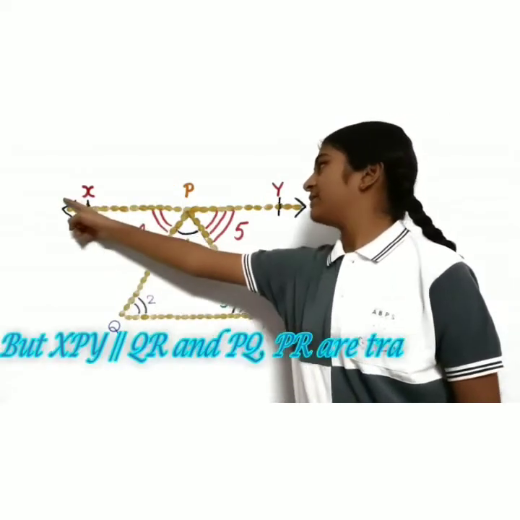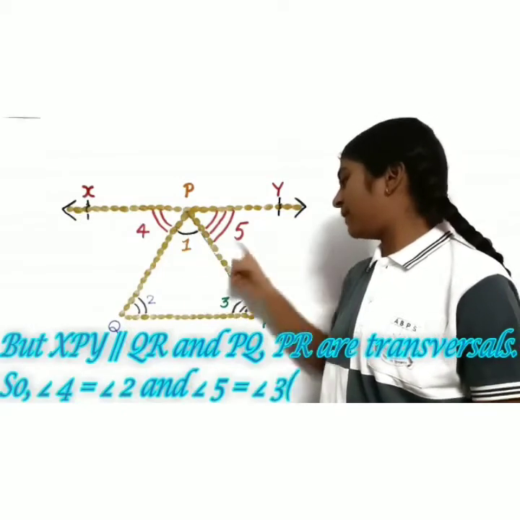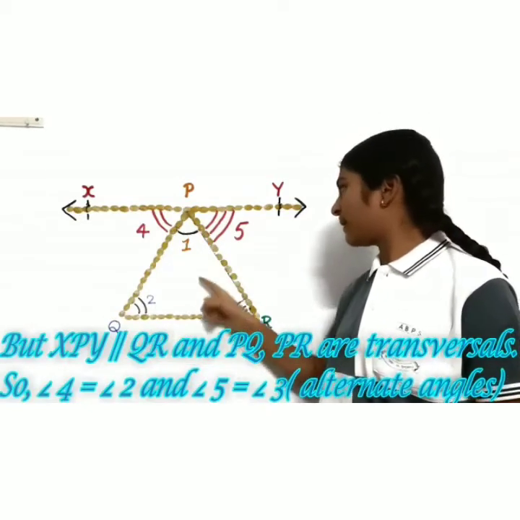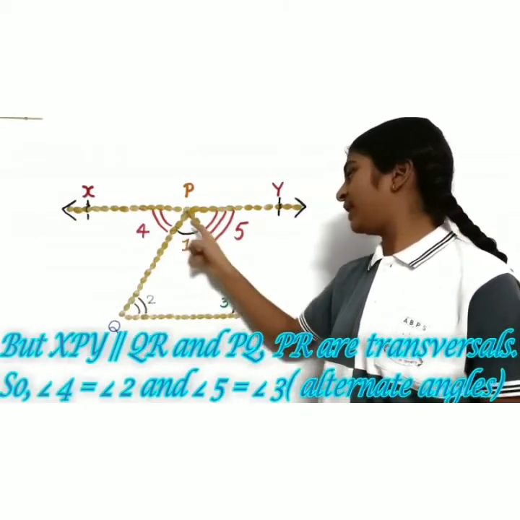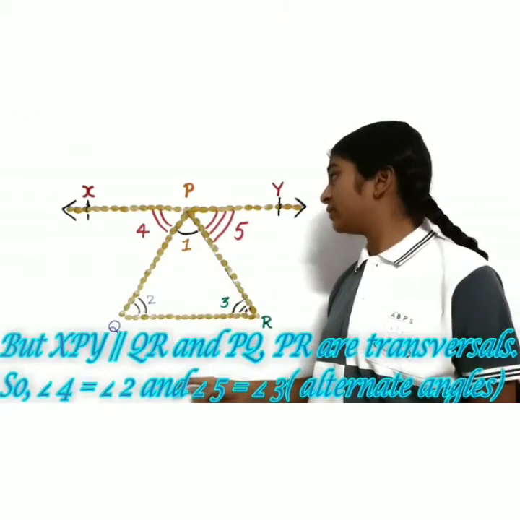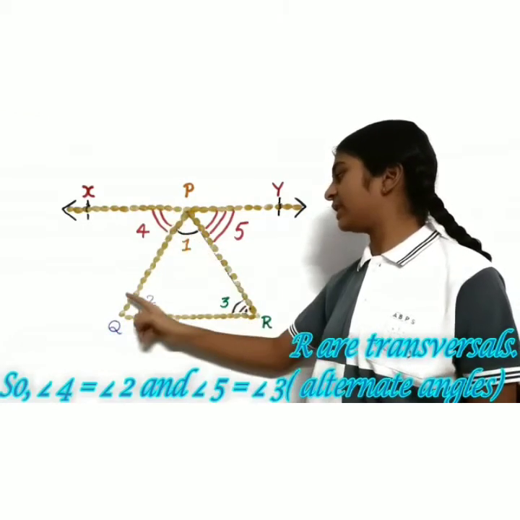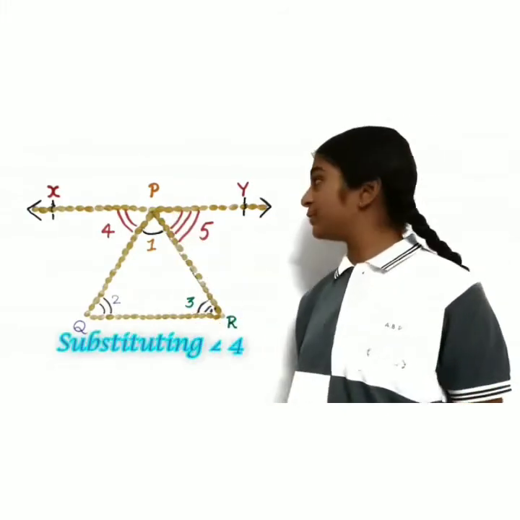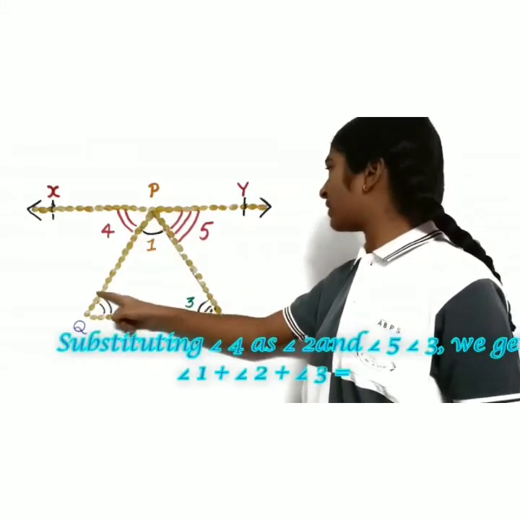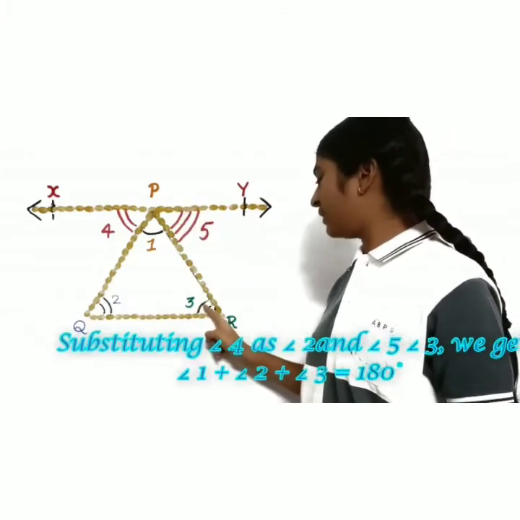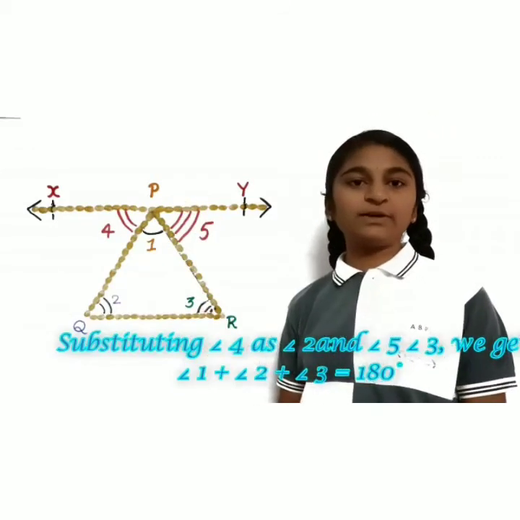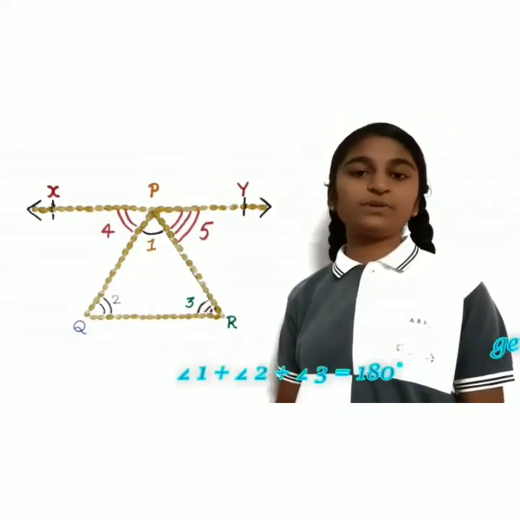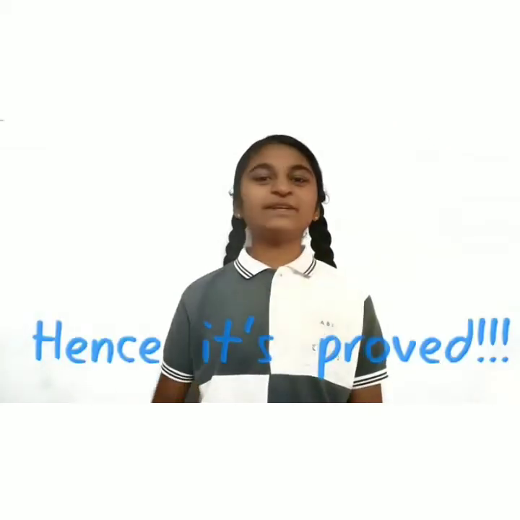But XPY is parallel to QR, and PQ and PR are transversals. So angle 4 is equal to angle 2, and angle 5 is equal to angle 3. Substituting 4 as 2 and 5 as 3, we get angle 1 plus angle 2 plus angle 3 is equal to 180 degrees. Hence it's proved.